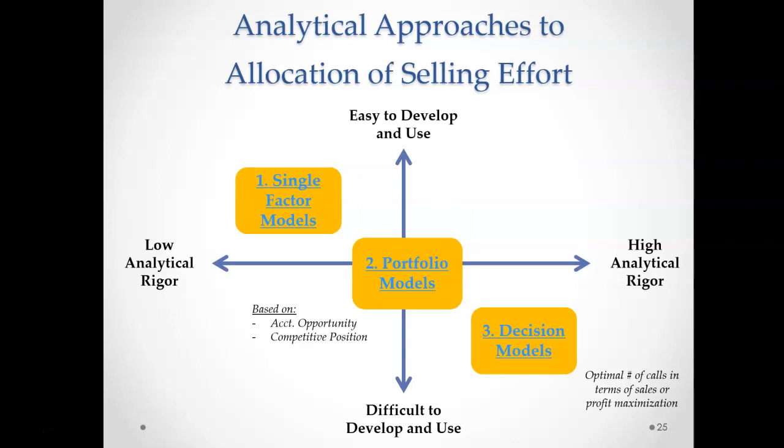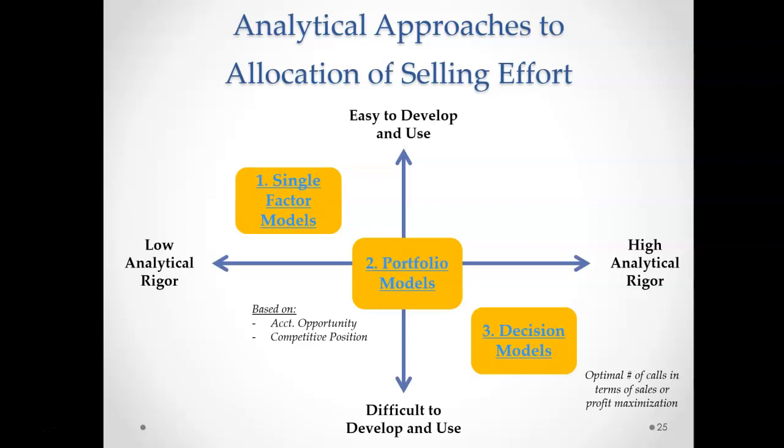These fall in the middle of analytical rigor and ease of development and use. I would say if you can't do the decision model that we're getting to, but you don't want something as simplistic as the single factor, then you go for a portfolio model. If you want to find out more about that, again, just click the hyperlink.